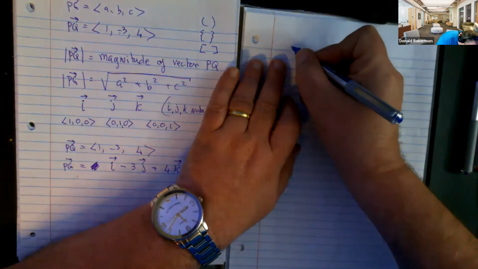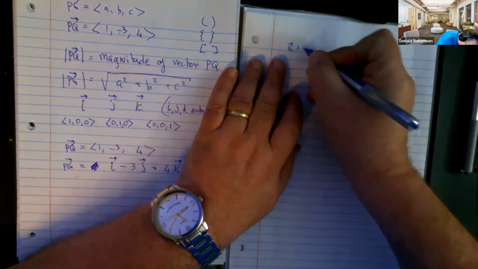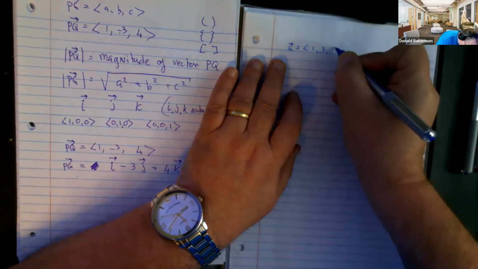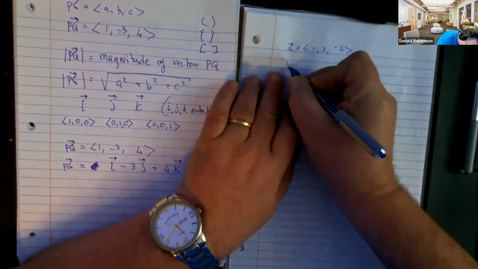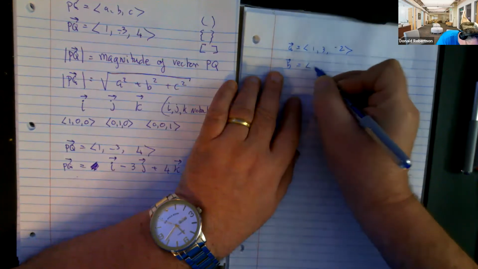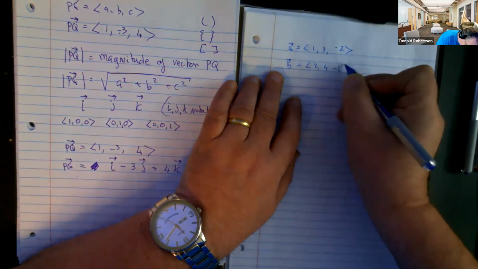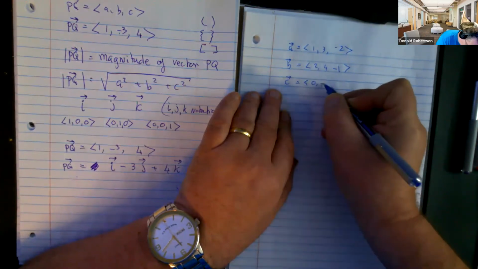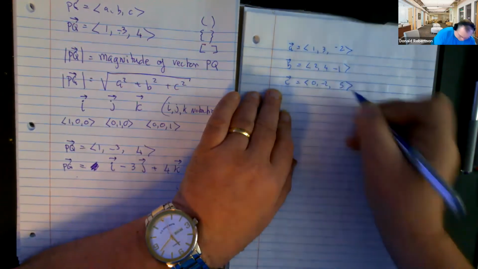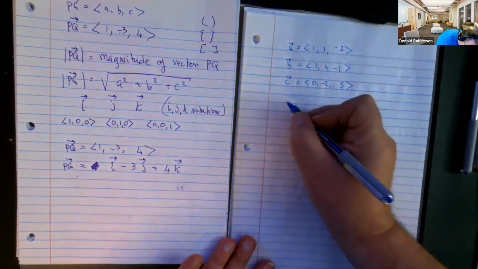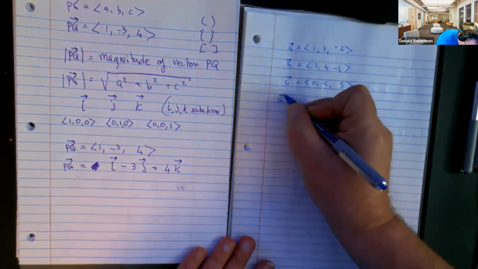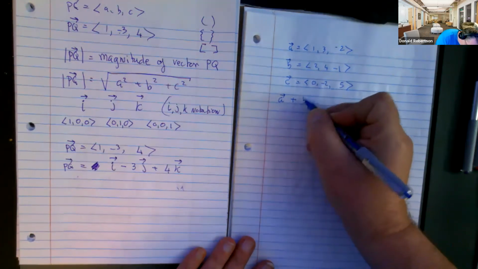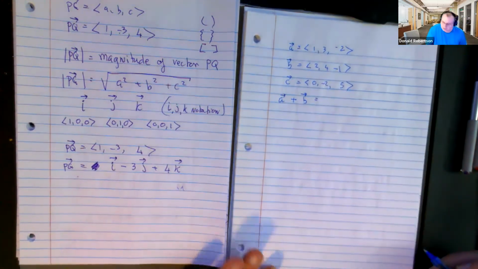Well, let's suppose I have a vector A, 1, 3, -2, and I have a vector B, 2, 4, -1, and a vector C, 0, -2, 5. You can add and subtract two vectors together.